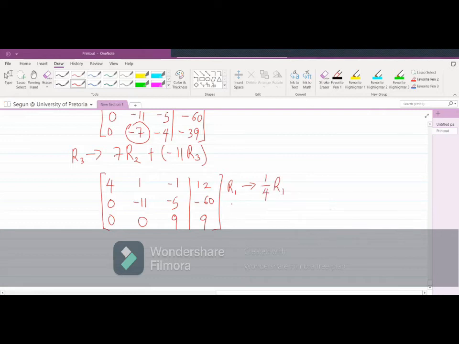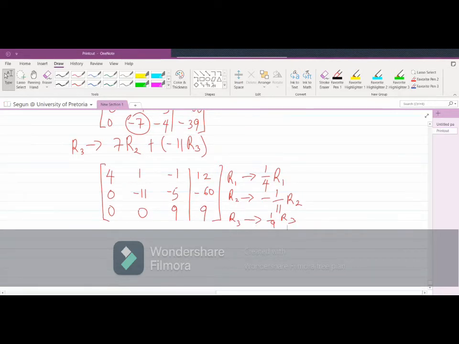Row 2 will be 1 over minus 11, row 2. Row 3 will be 1 over 9, row 3. That's all. So we can proceed from there.